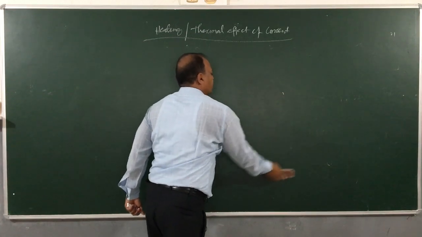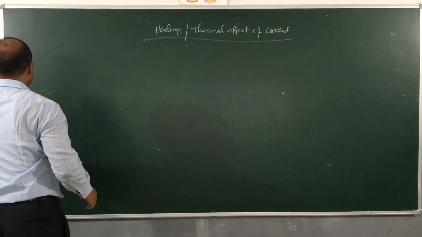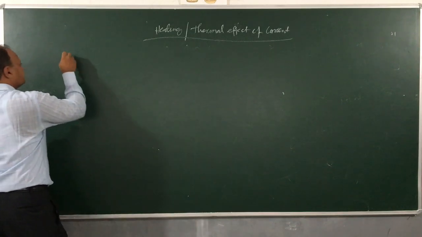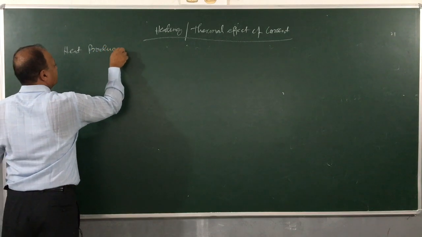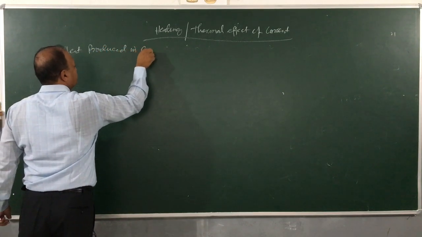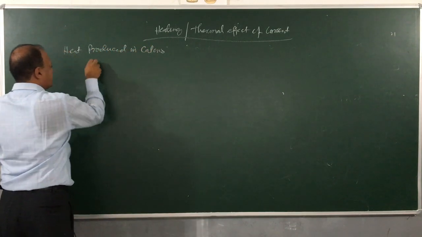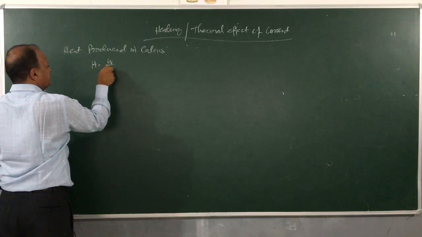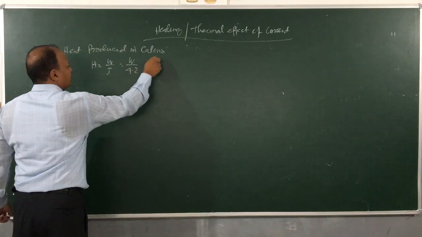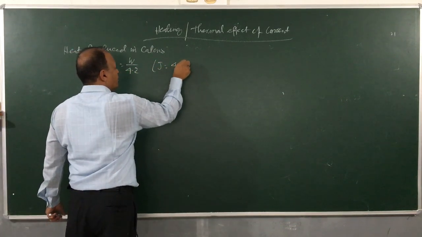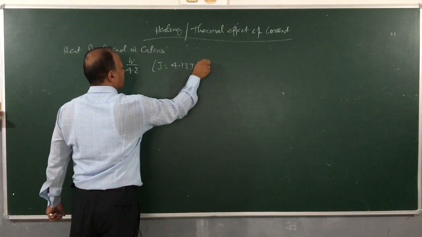So, if I want to calculate heat produced in calories, H is equal to W by J, and J is Joule's constant. J is actually 4.18 joule per calorie.